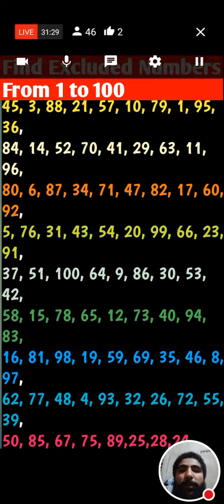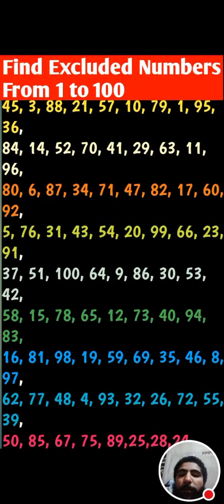So we have to move onwards. We have to find the number 41. Where is 41? Yes, 41 is presented on the fifth position of the third row from the top.